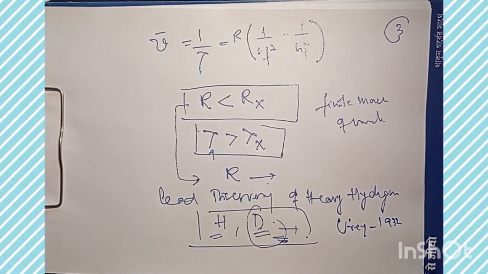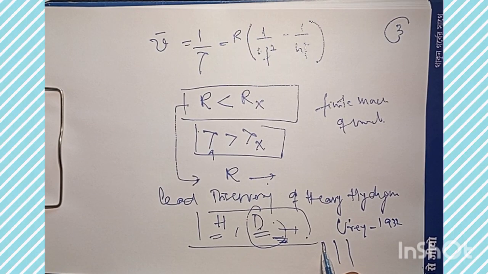He photographed the hydrogen spectrum and observed that each hydrogen line was accompanied by a very faint line on the shorter wavelength side. He measured that wavelength difference and concluded that this faint line was due to some isotope of hydrogen, which is now commonly known as heavy hydrogen or deuterium.